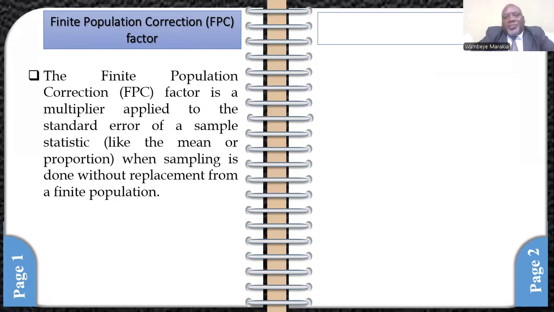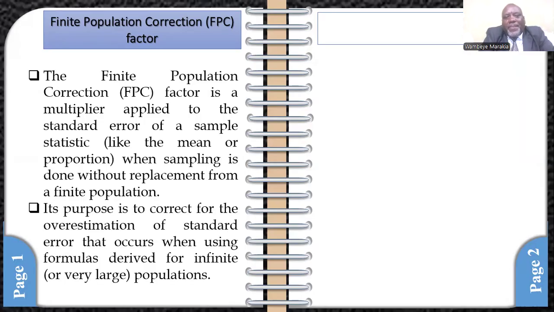The finite population correction, commonly known as FPC, is a multiplier applied to the standard error of a sample statistic when sampling is done without replacement from a finite population.